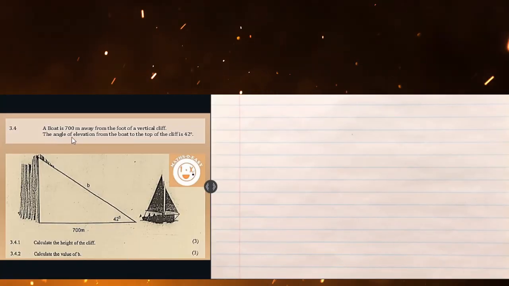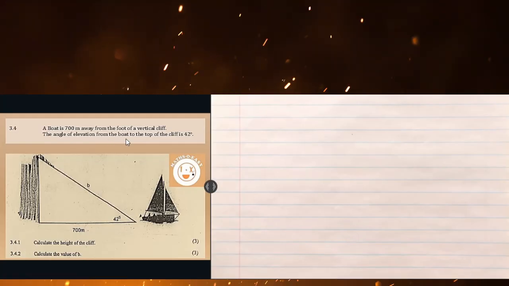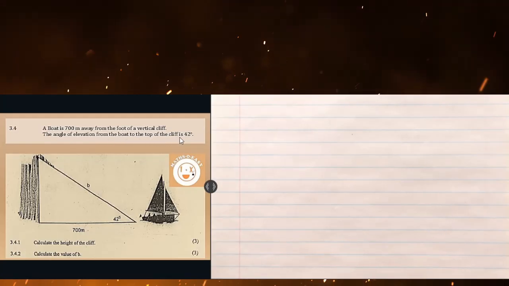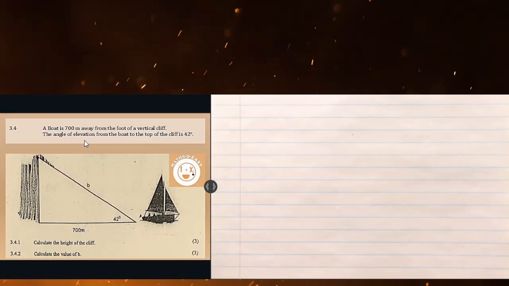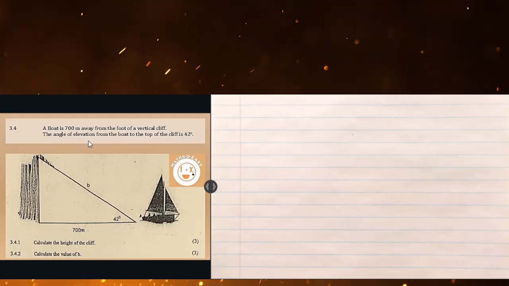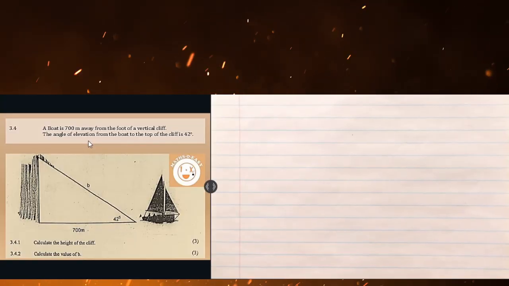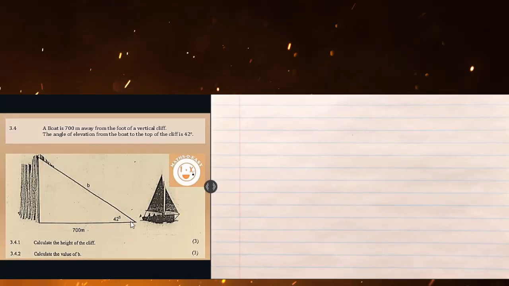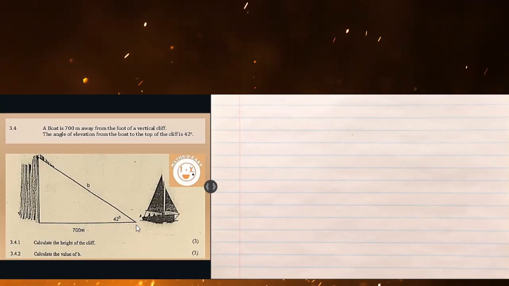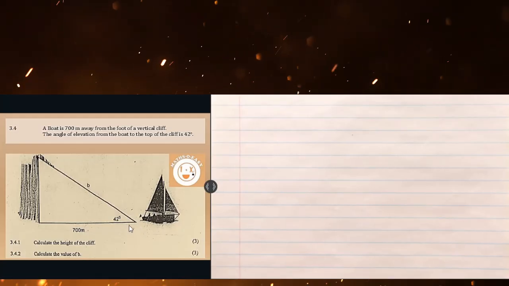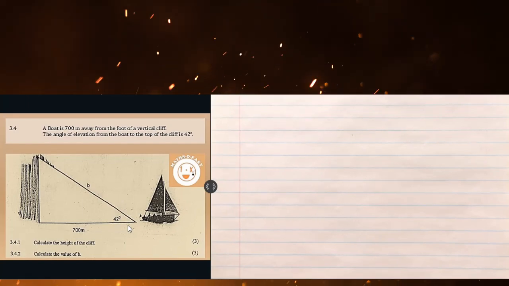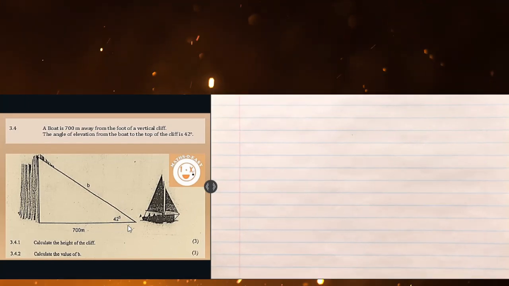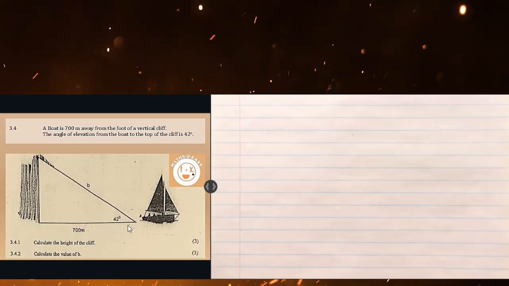So what do they say further? They say the angle of elevation from the boat to the top of the cliff is 42. Oh, right, angle of elevation. Inclination is the word that is also used. So we go into a building, we go to the ground floor. We find a lift, which is called an elevator. Then we press 5, 4, 7, and then it takes us up.